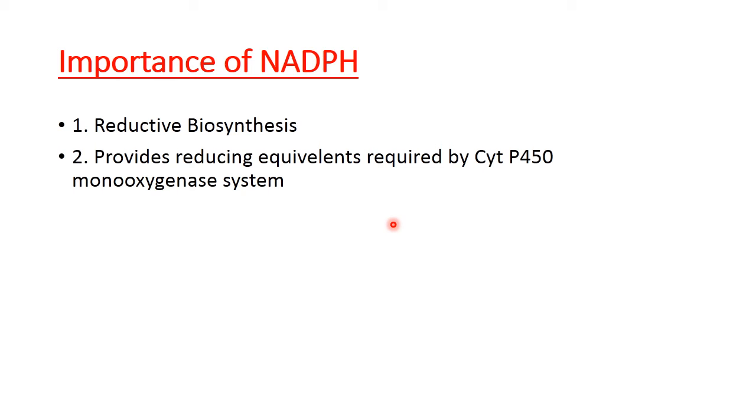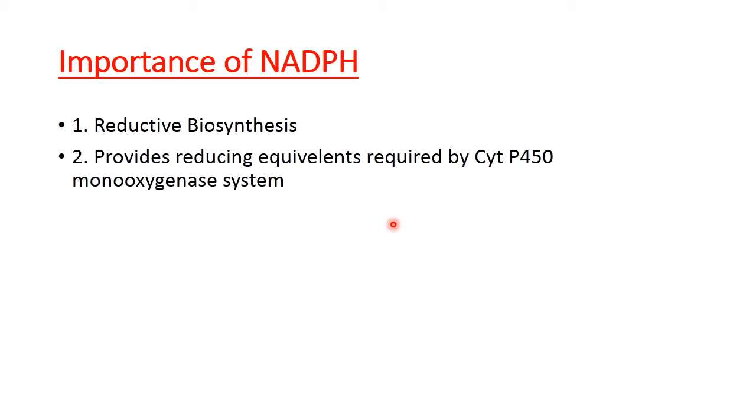Because this mixed function oxidase incorporates one atom from molecular oxygen into a substrate, creating a hydroxyl group, while the other atom is reduced to water. Moreover, in cytochrome P450, the P stands for pigment and 450 stands for the wavelength of 450 nanometers, at which it shows the absorbance maxima.